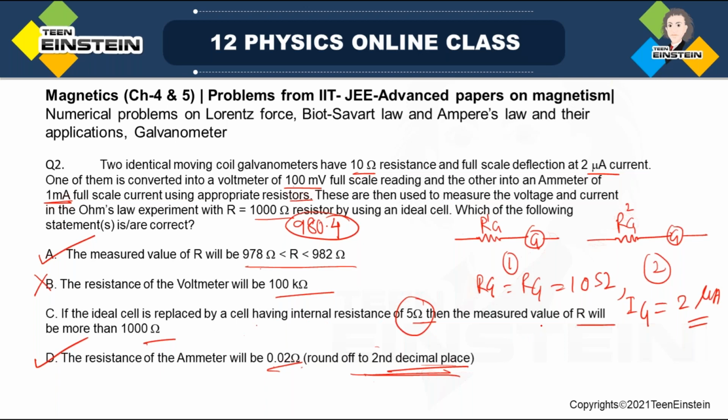Okay, so this is all for today. These were actually really lengthy questions, and since I am discussing in detail, it became too lengthy. But anyway, in the next class, we'll see one or two more questions on galvanometer.